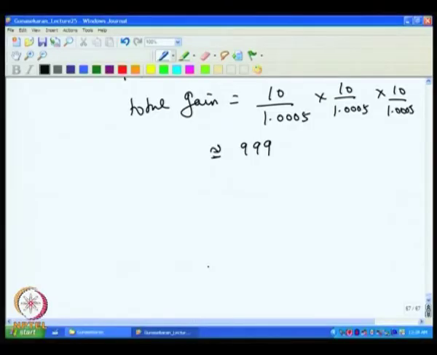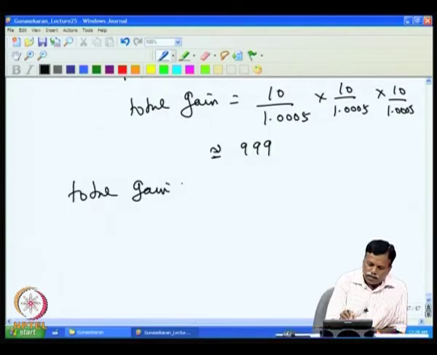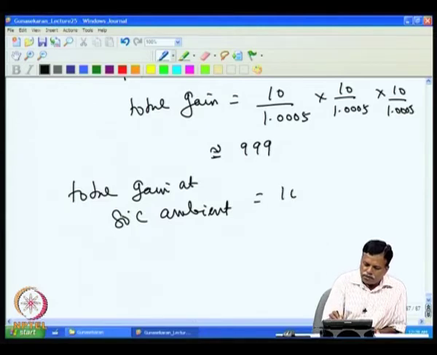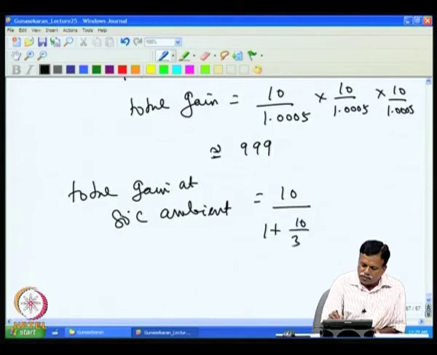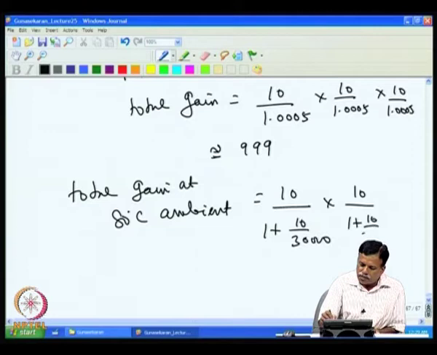For example, if I try to find the total gain at 80 degree C ambient, that would be 10 divided by 1 plus 10 divided by 30,000, because 30,000 is the open loop gain, and you get the same thing for each stage.